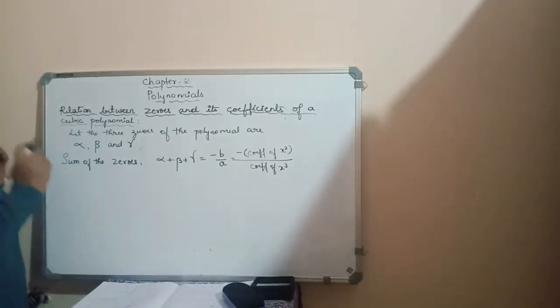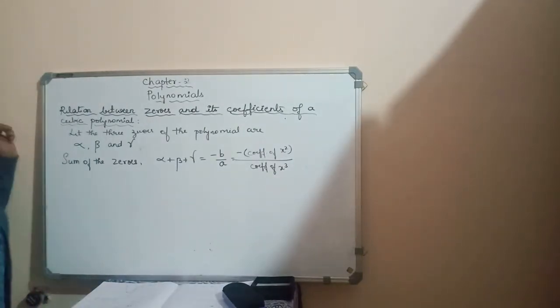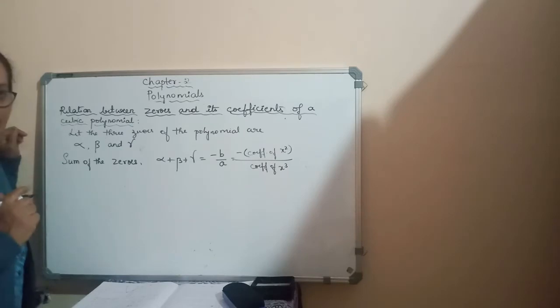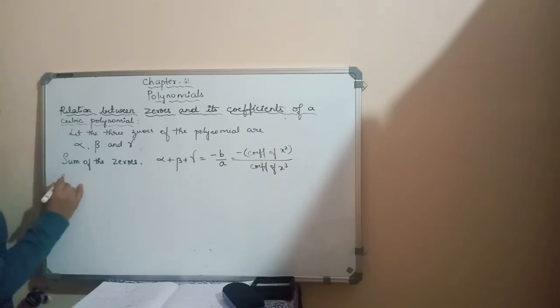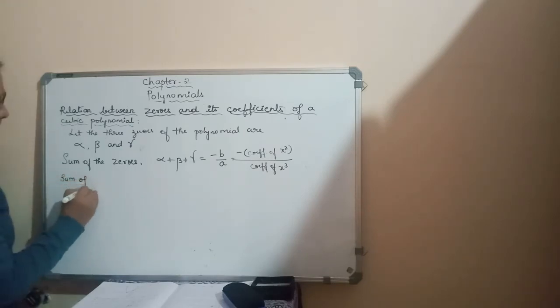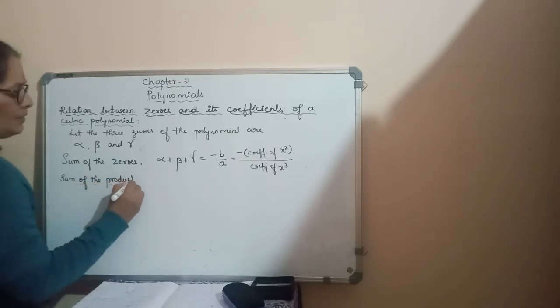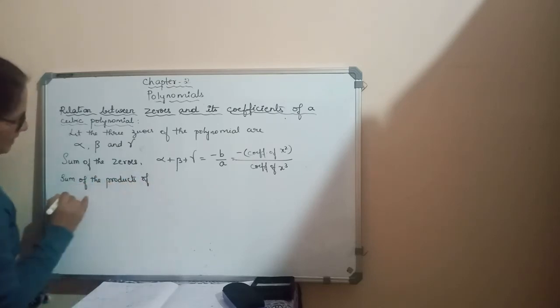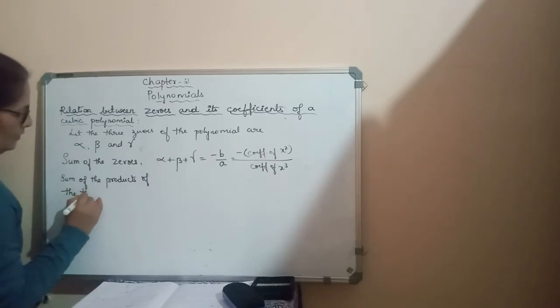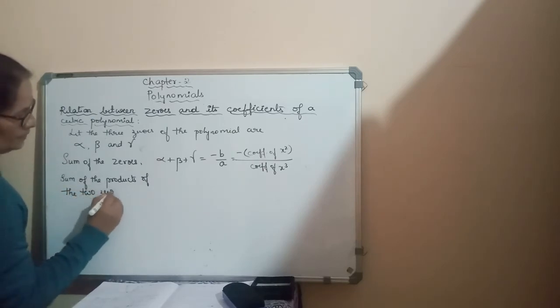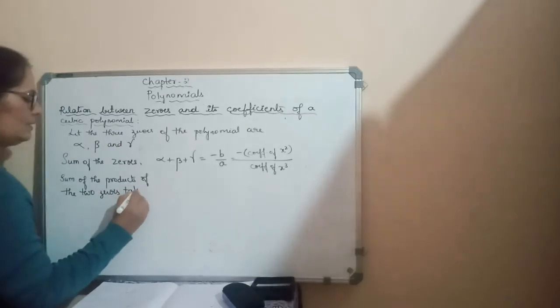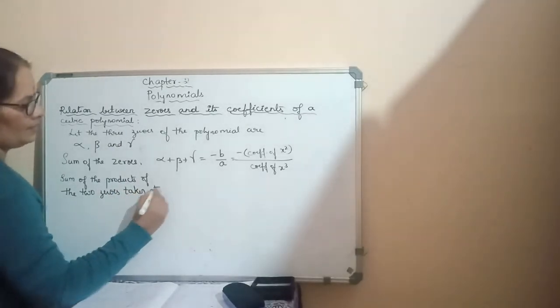Then the sum of the products of the two zeros taken at a time.